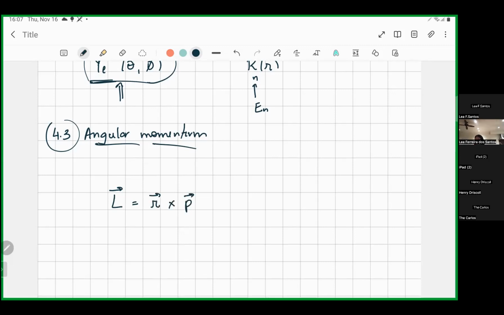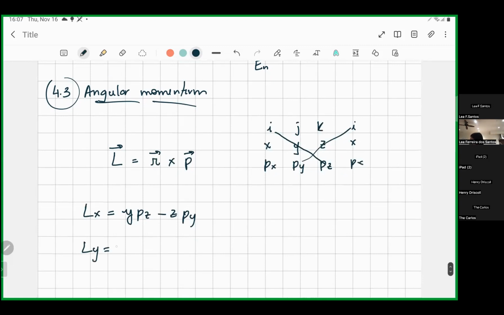So how do we find the x, y, and z components of this angular momentum? Here we have x, y, and z, and for P we have px, py, and pz. Now we are thinking about 3 dimensions. If we want to find Lx, it is y pz minus z py.